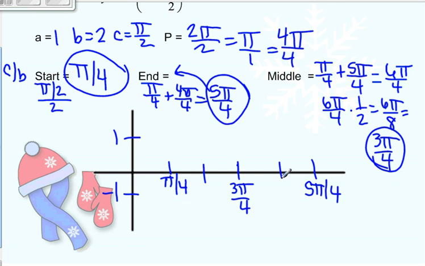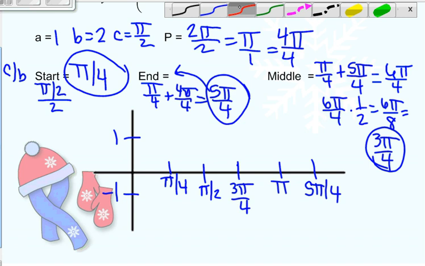This one was fairly simple. It starts at pi over 4, which is easy for us to add. So this would be pi over 4 to pi over 4, which simplifies to pi over 2, then 3 pi over 4, 4 pi over 4, which is pi, and then 5 pi over 4. I'm going to change my color so we can see some contrast here. Now, this graph is no longer starting at our 0 point, but it's still acting like it is.